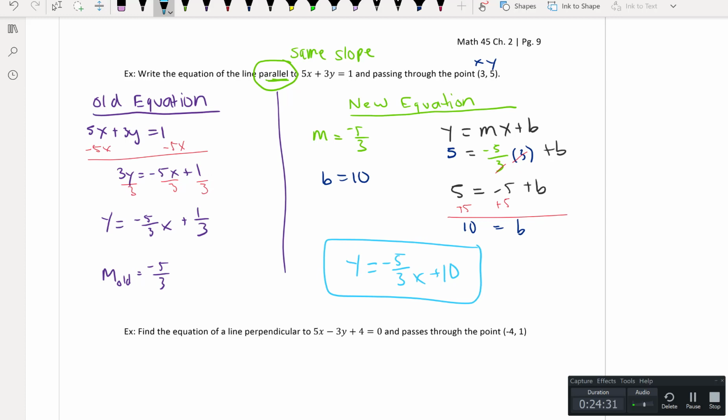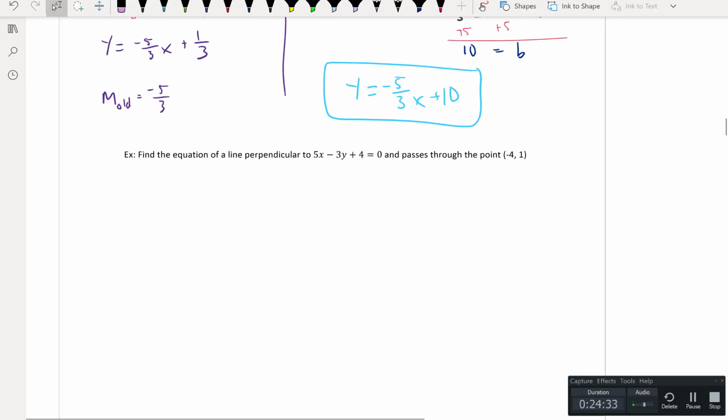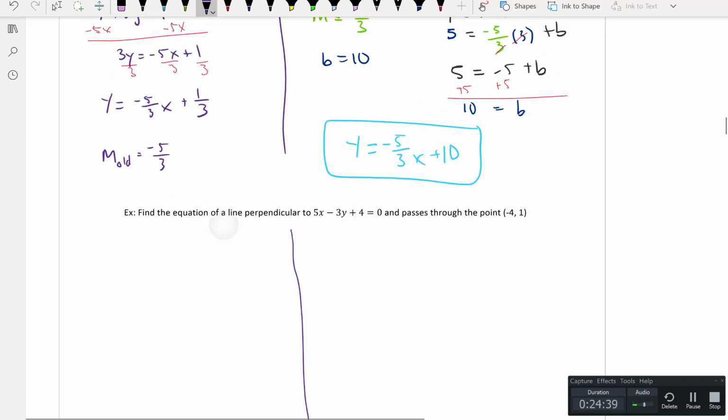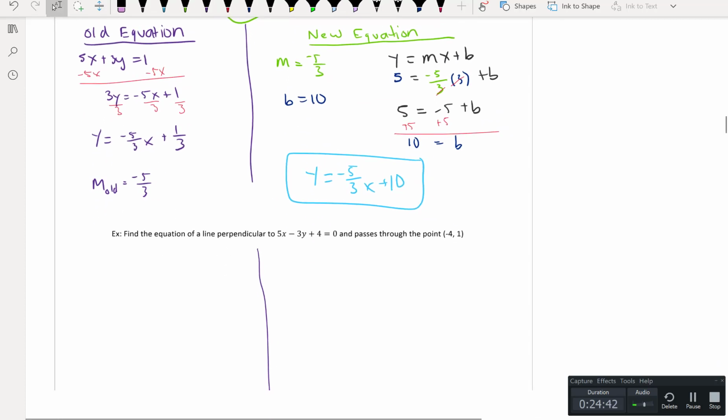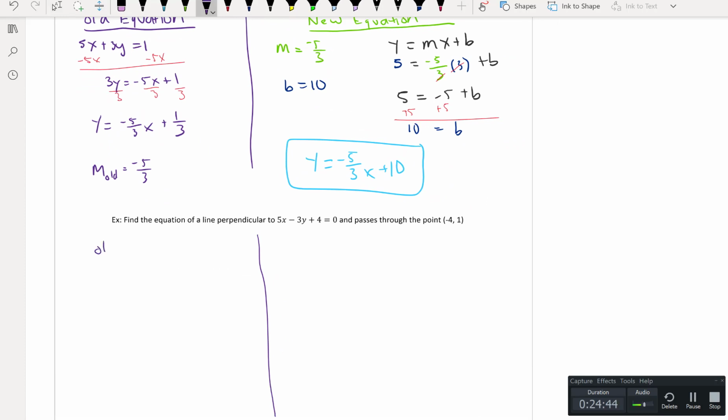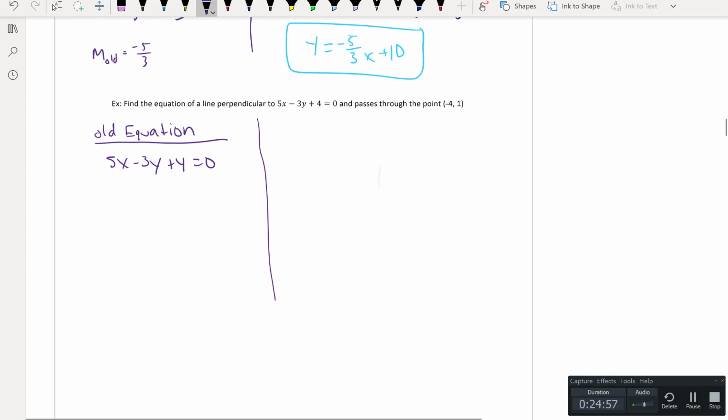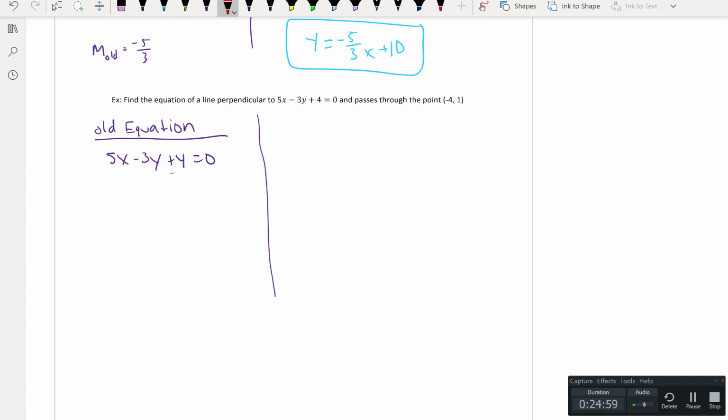Okay, so for the next example, now I want to do the exact same thing, except now it's going to be perpendicular. So, okay, let's try to use the same language here. So I want my old equation, so I can figure out what my slope is going to be. So I have 5x minus 3y plus 4 is equal to 0. So the first thing I'm going to do is subtract 4 on both sides.